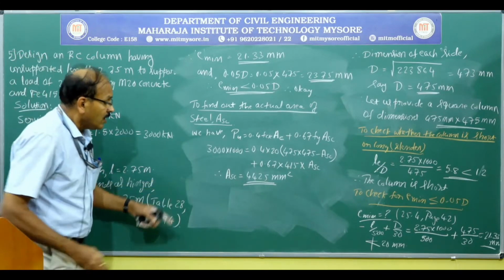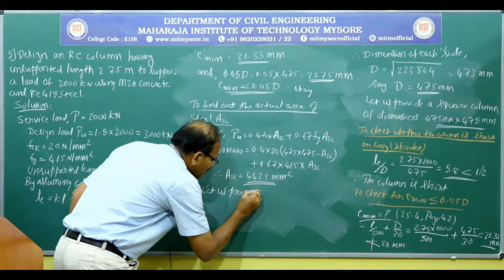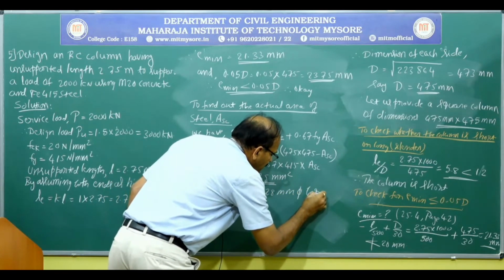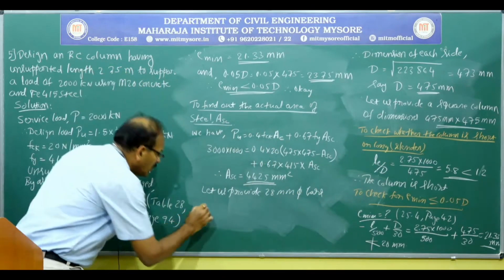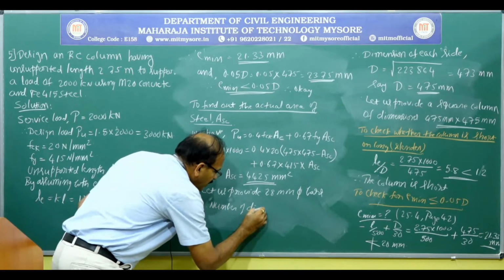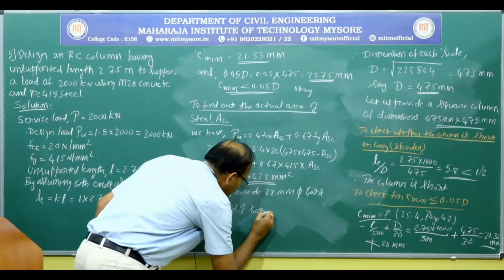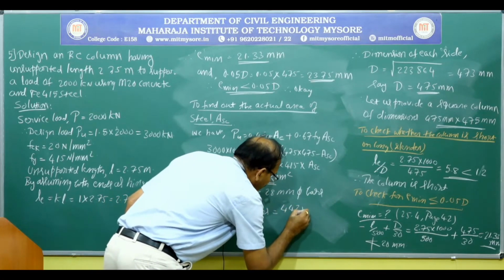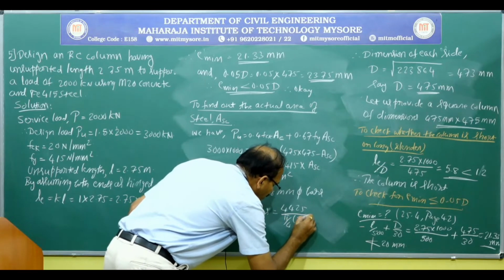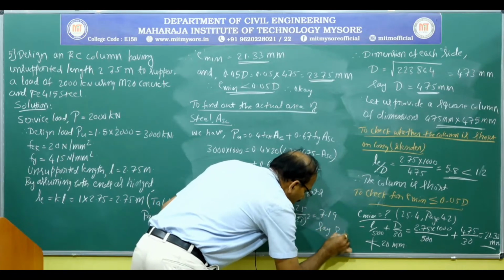Let us provide 28 mm dia bars. Therefore, number of bars equal to total area of steel required divided by area of each bar, that is equal to 7.19. So say 8.